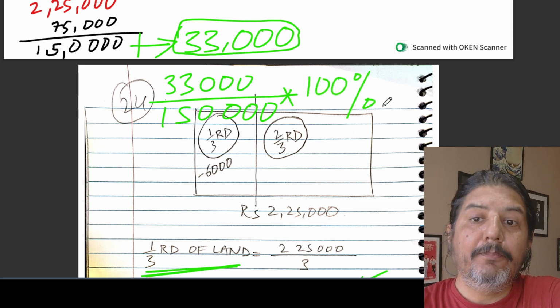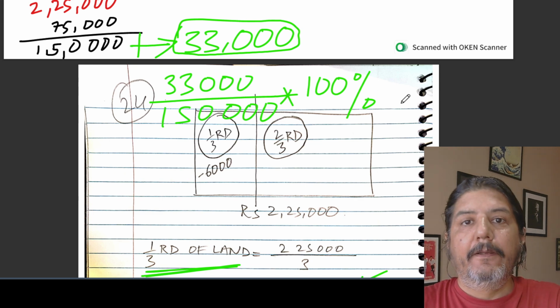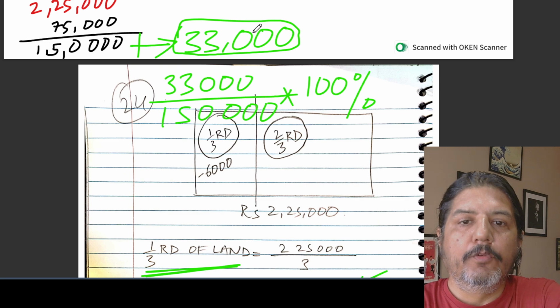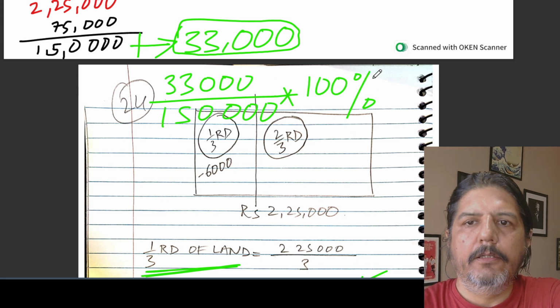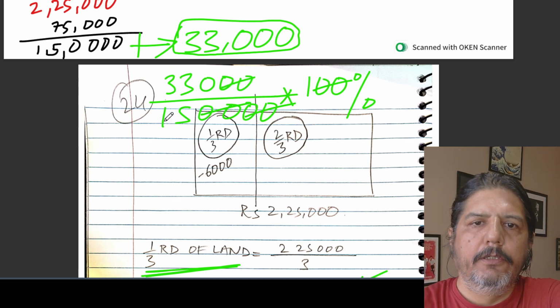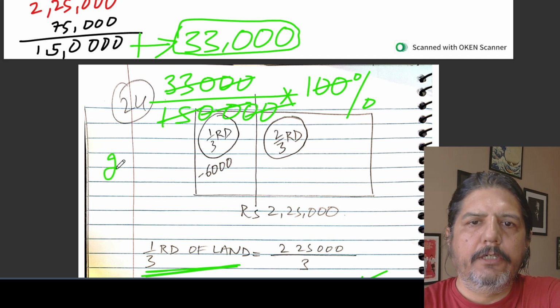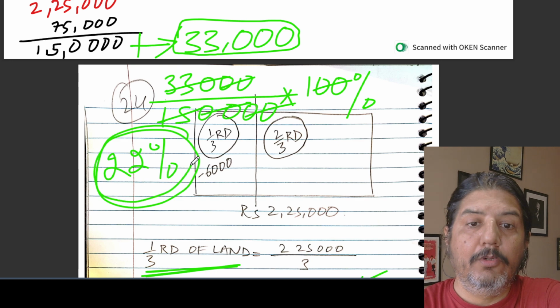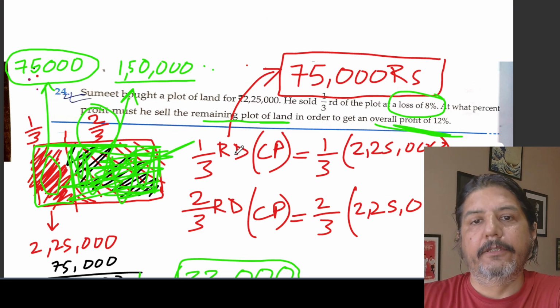So this is the profit percent which I want on the two-third of the land. So if I calculate this, this would be the percentage. So 100 and 100, cancel this 100 and this 100. So 15 twos are 30 and 15 twos are 30. So the rest of the land has to be sold at a profit of 22%.